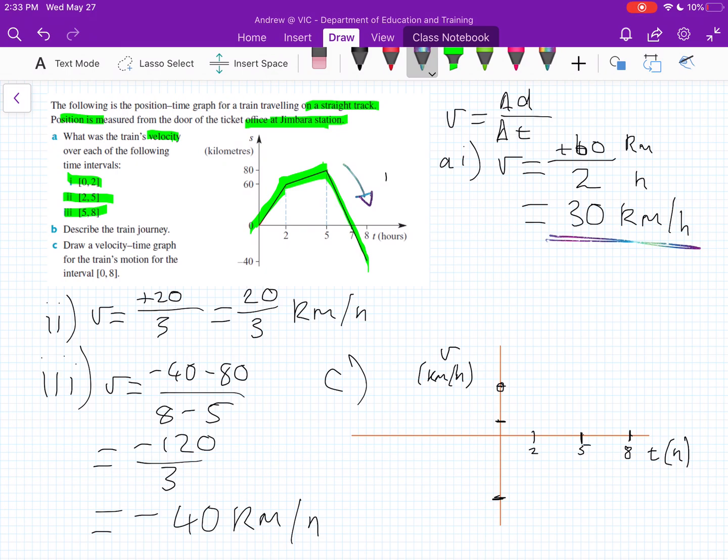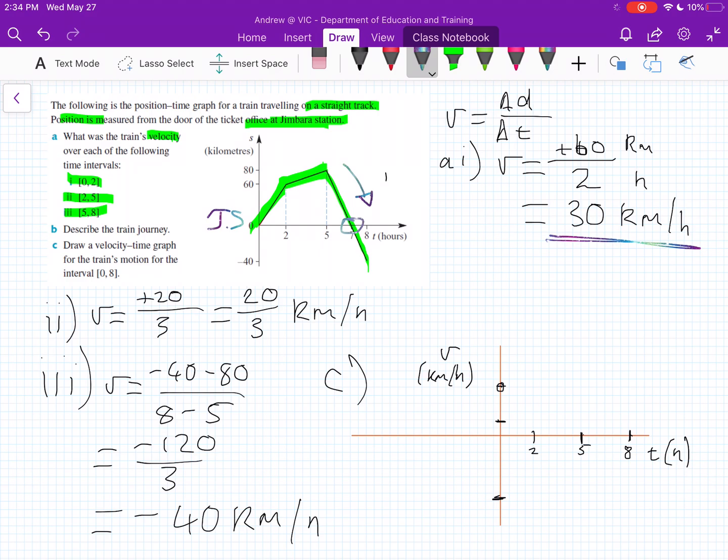It took them 2 hours to reach back at Jimbara station, and they continued past Jimbara station for another hour. So this is how you could break down what the journey actually looks like. Make sure, if you need to, you listen over that again, because it is important to be able to read and understand what's happening on graphs.